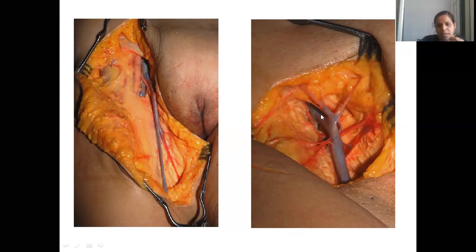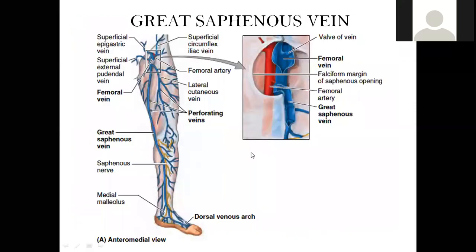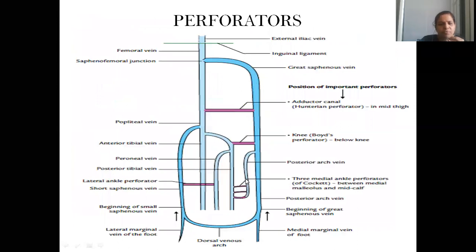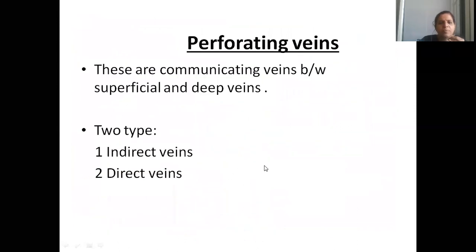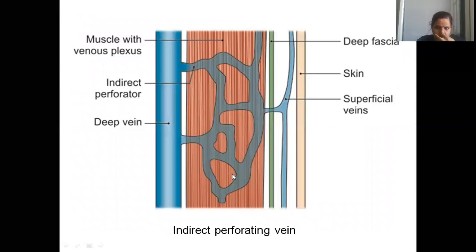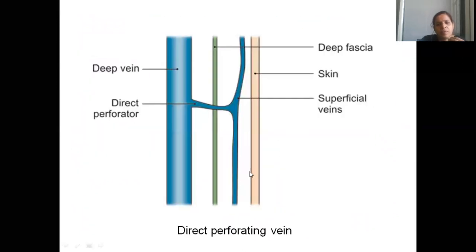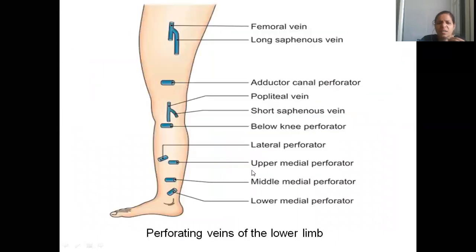Superficial circumflex iliac, superficial epigastric, superficial external pudendal. Okay, deep external pudendal also drains. So perforators I have already explained you. Perforating veins. Direct, indirect, need not go into so many details.